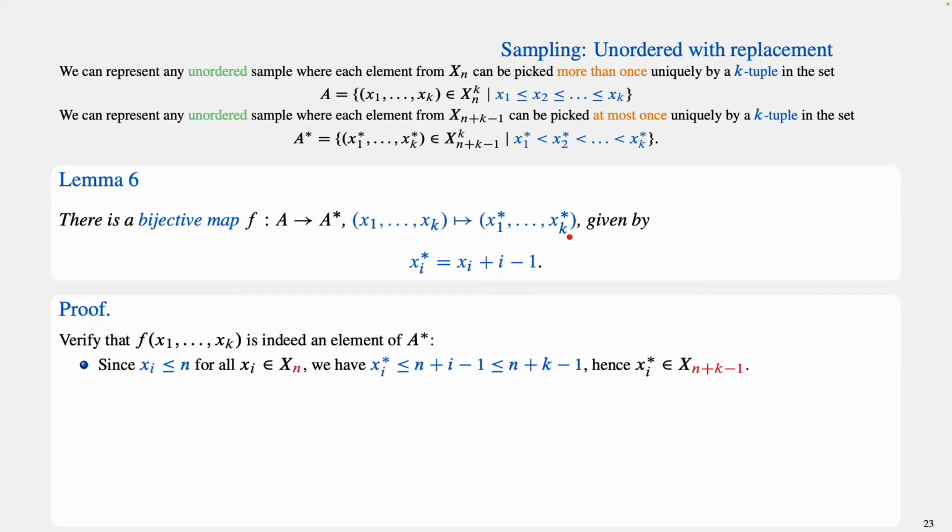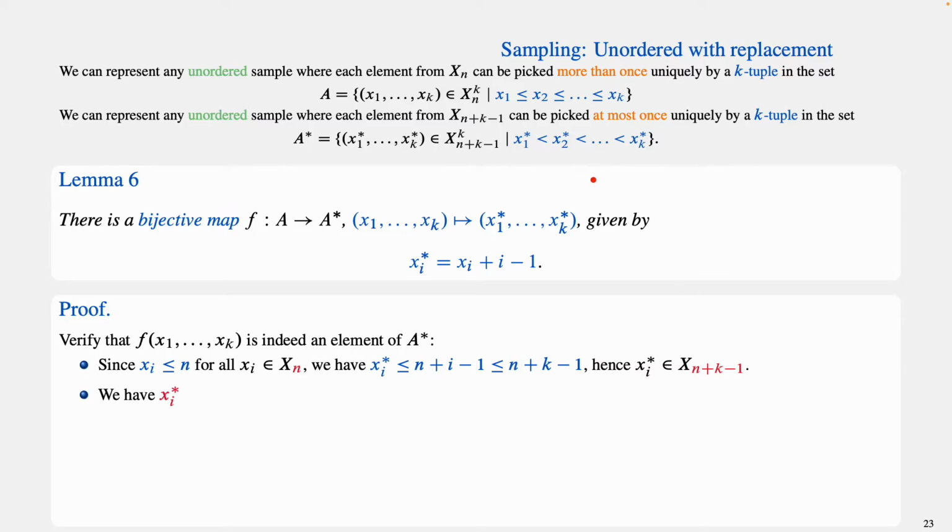And we have the maximal index k, so we can say that this is less or equal to n plus k minus 1, because i is less or equal k. And this means xi star is less or equal n plus k minus 1, and hence xi star is an element of X index n plus k minus 1. So that's good.